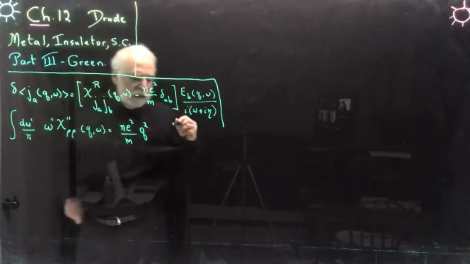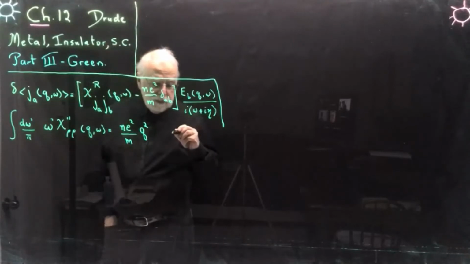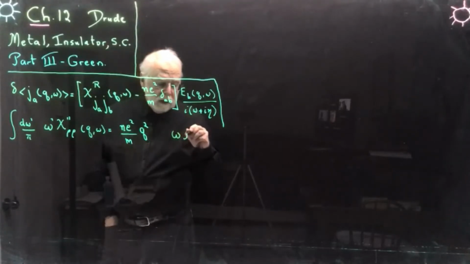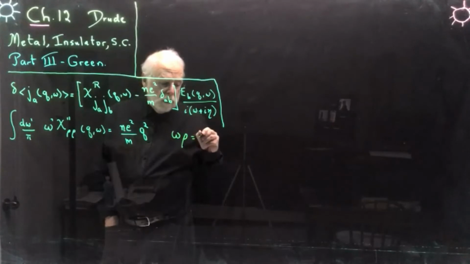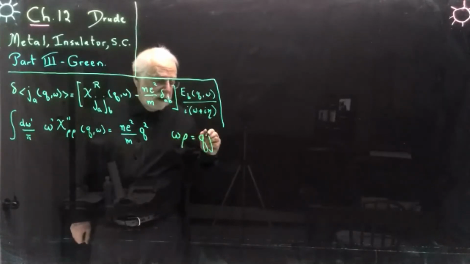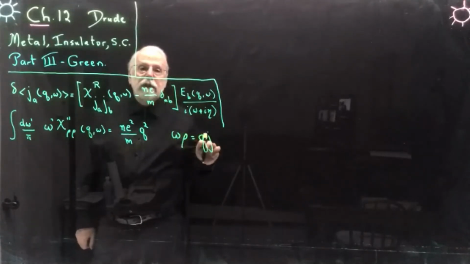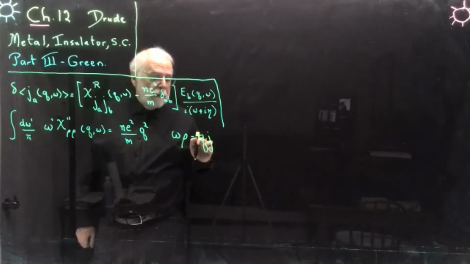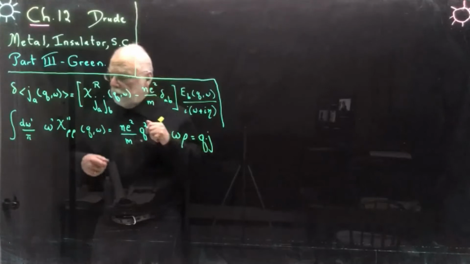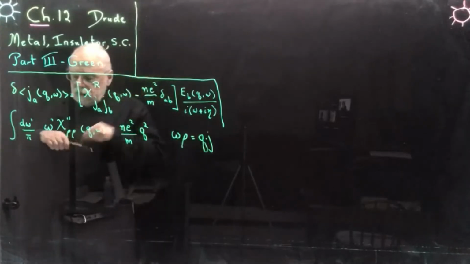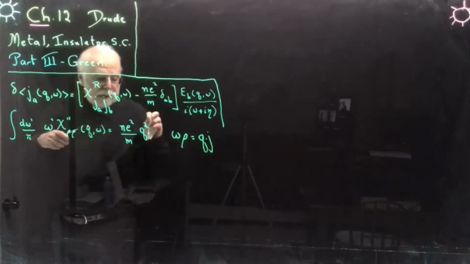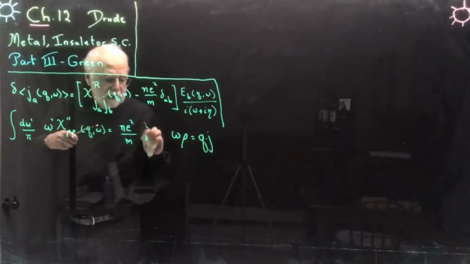So current conservation can be written as omega times rho of q and omega is equal to q times J, okay? And it's a scalar product, so it has to be longitudinal. In other words, the dependence on position has to be in the same direction as the current. So let me just divide by q square here.